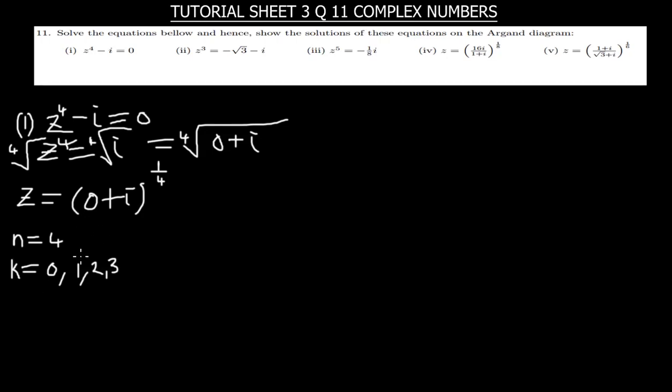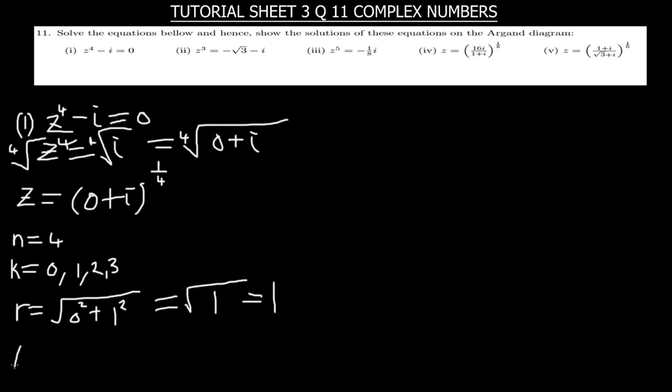Let me start with the magnitude first. The magnitude r of the complex number is nothing but the square root of 0 squared plus 1 squared. Remember, it's x squared plus y squared. So 0 plus 1 is 1, and the square root of 1 gives your answer to be 1.